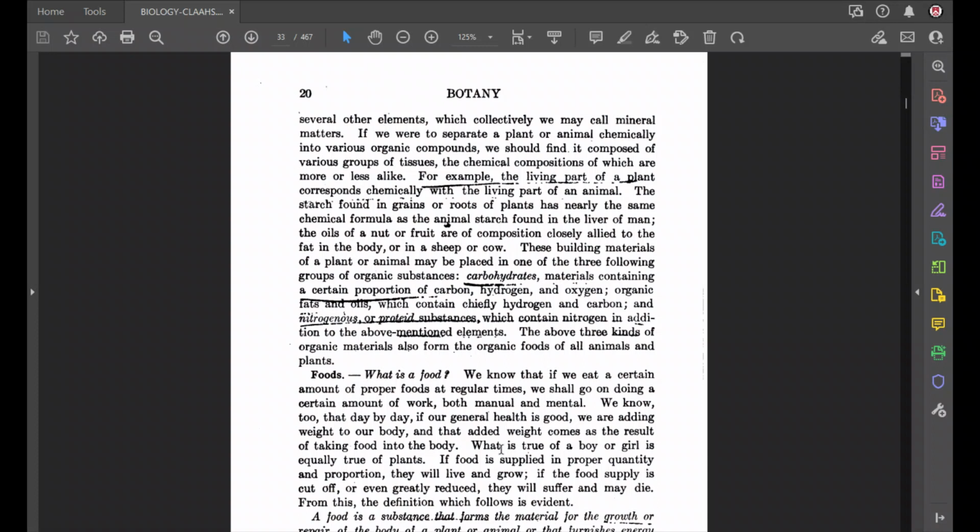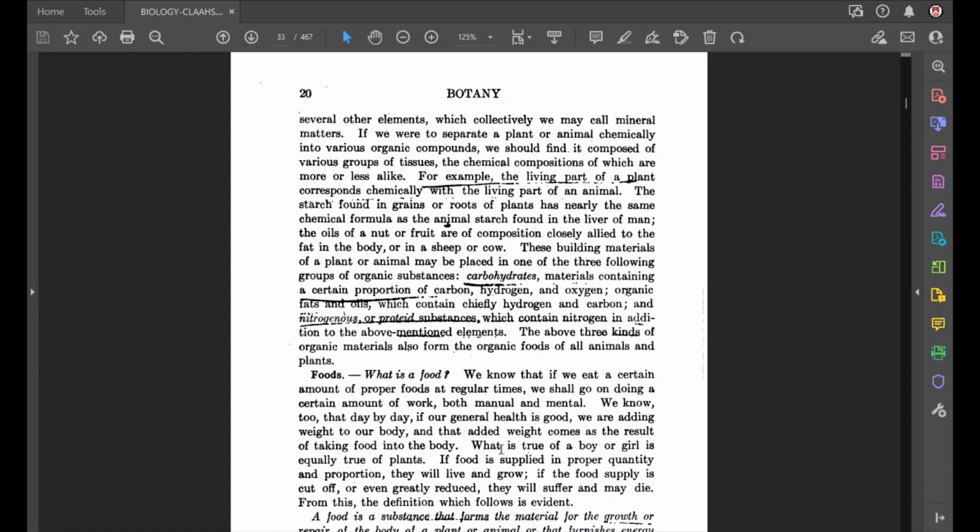The actual stuff that plants and animals are made of is very similar. The starch that is found in grains or roots of plants has nearly the same chemical formula as the animal starch found in the liver of man. The oils of a nut or a fruit are closely allied to the fat in the body of a sheep or in a cow or in a man.